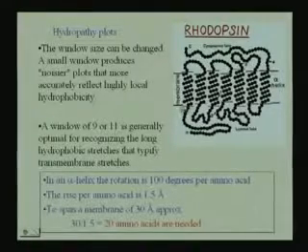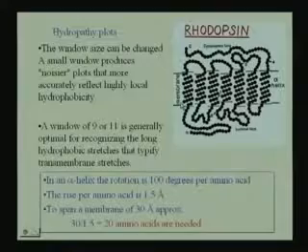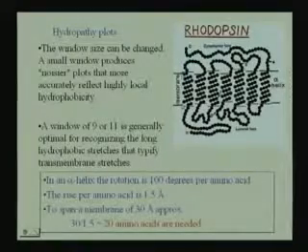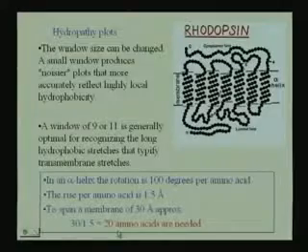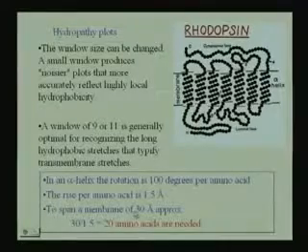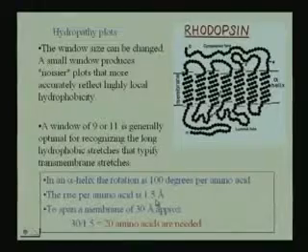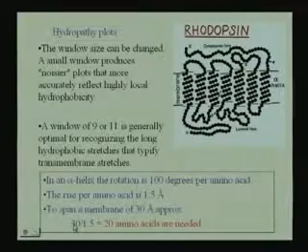Now, if I know that my membrane is 30 angstroms thick, then how many hydrophobic residues should I have there? 20. Why? Because each 1.5 angstroms is for every amino acid residue. I have to span 30 angstroms.